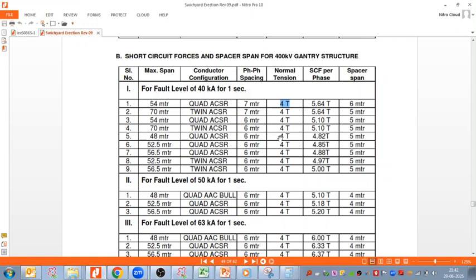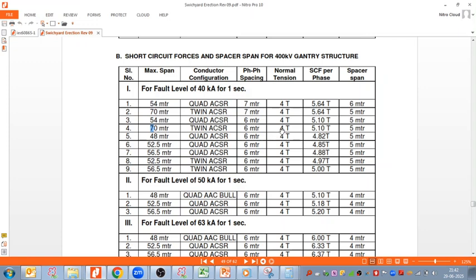So if I'm using quad, it is 4 tons total, including all four. Twin here, but again I'm taking 4 because my span length was quite big, 70 meter.